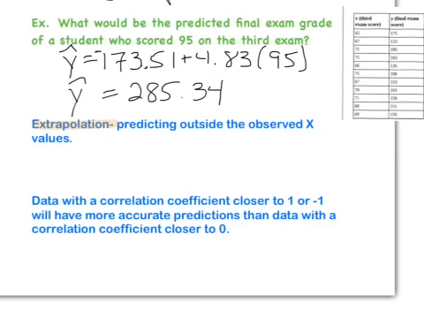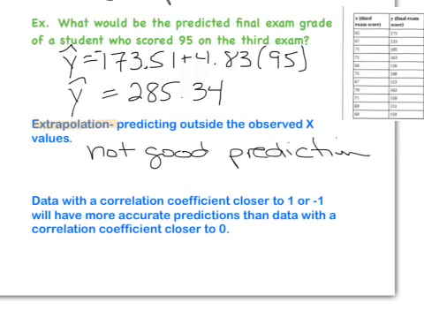What we did in this particular problem is we used extrapolation, where we predicted outside the observed x values. This is not a good prediction. It doesn't matter how strong the correlation is when you predict outside of the observed x values, meaning 95, which was a much higher score on the third exam than any of the other scores.